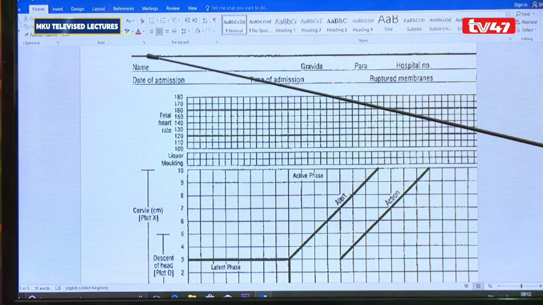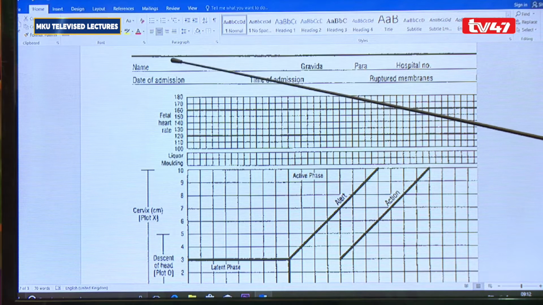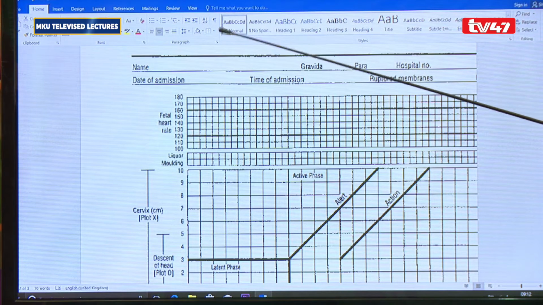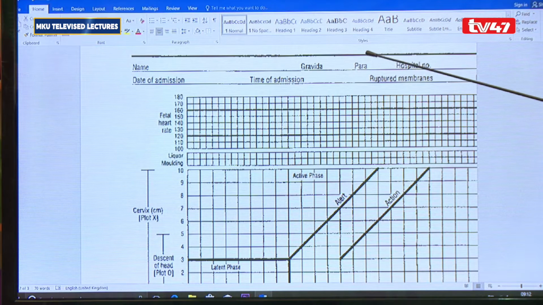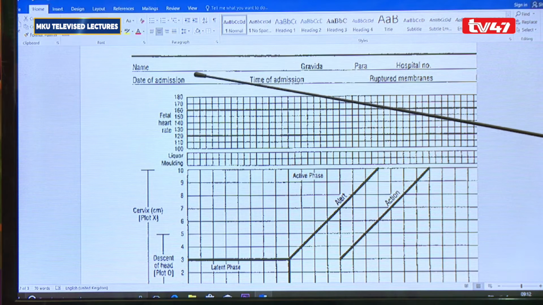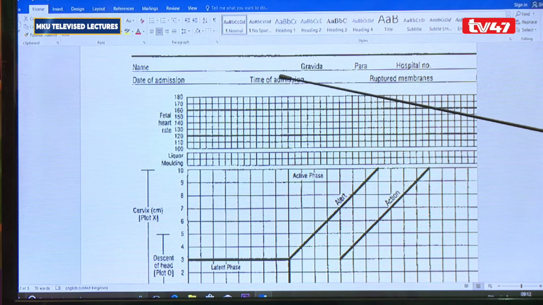This is the upper component where we have the name of the client, the gravidity of the client, the parity of the client, the hospital number of the client, the date of admission of the client, time of admission, and the status of the membranes.